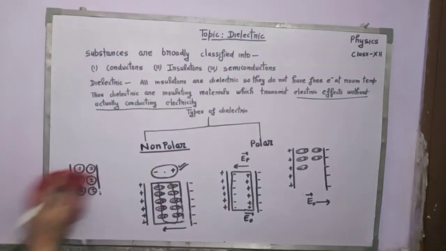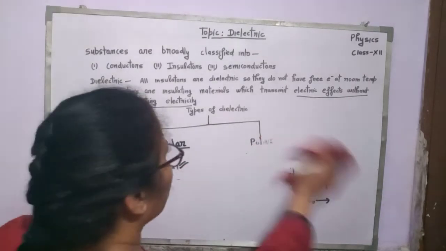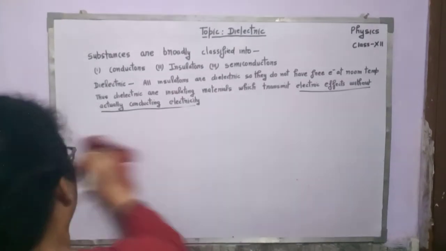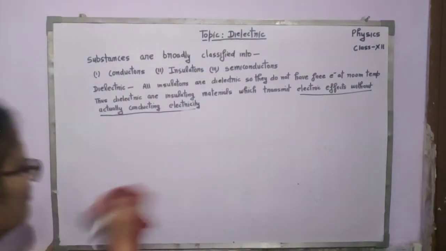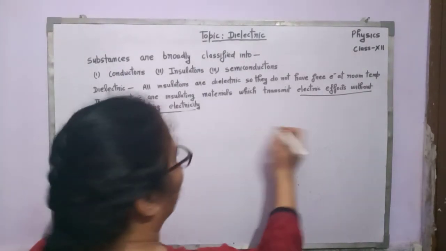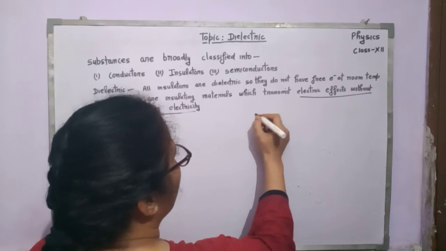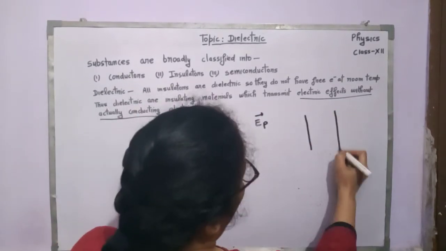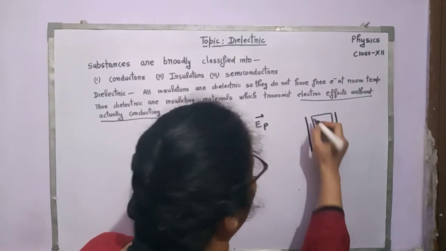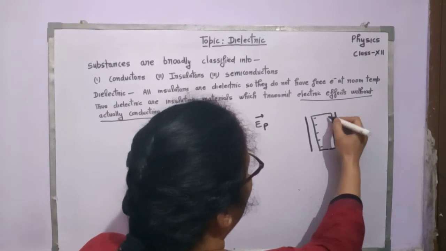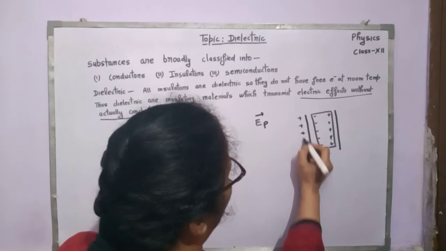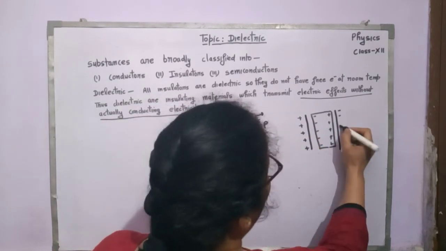Now, there is a term, the dielectric constant, and this dielectric constant is defined in terms of the induced electric field and reduced electric field. Inside the dielectric, suppose the electric field is this one, and when these are placed in the external electric field, this is negative, this is positive, and the external electric field means this is positive and the other one is negative.